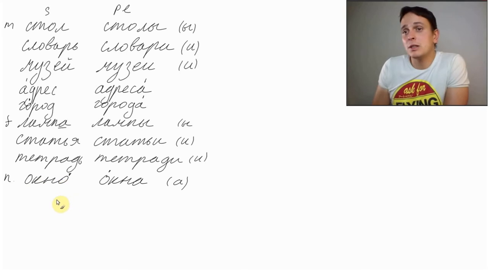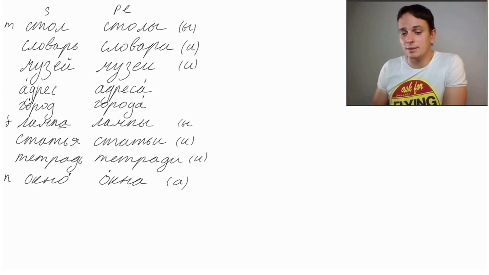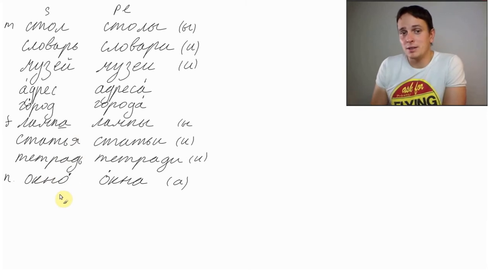Another example for this pattern, for example, дело, дела, письмо, письма. Дело is a neutral word, it is business, and because it ends in O, it is neutral, it is not alive. We change O to A. Дело, дела. Письмо is letter.